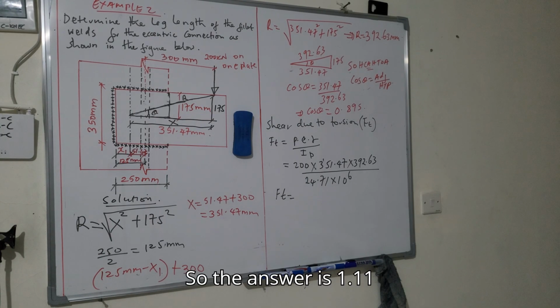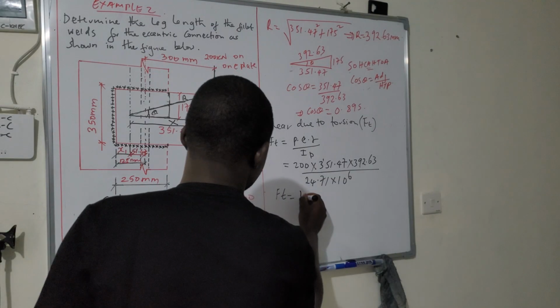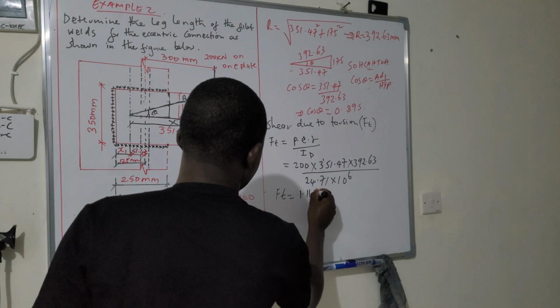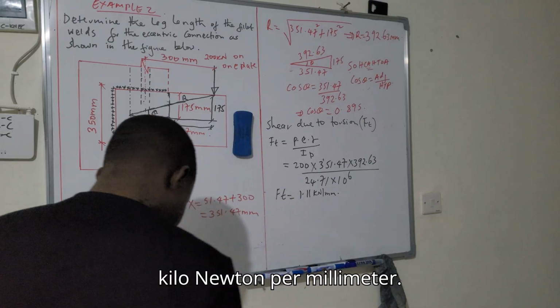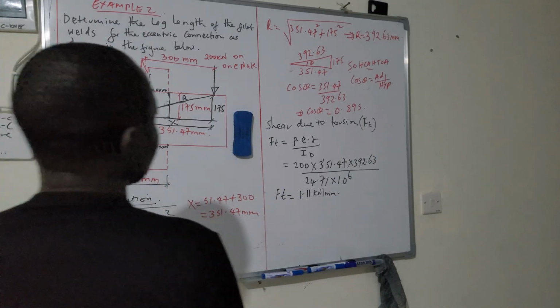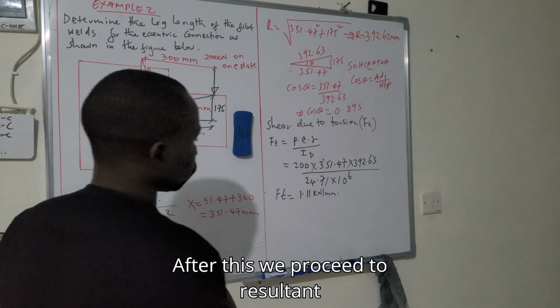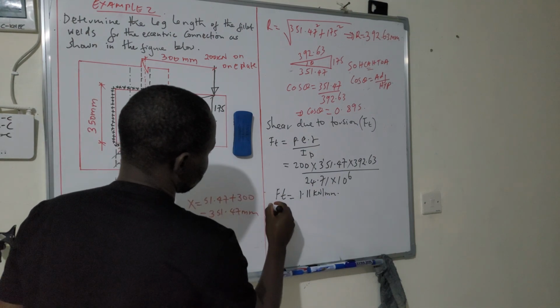So the answer is 1.11 kilonewton per millimeter. After this, we proceed to resultant force.